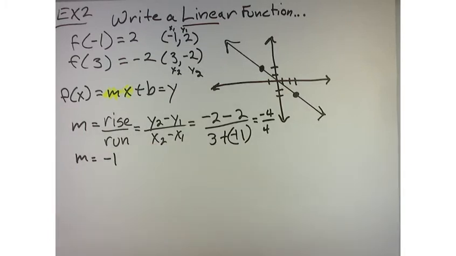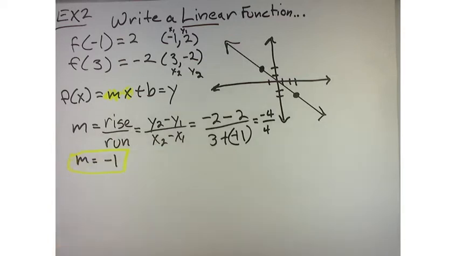How am I doing so far? So now that I have my slope, how do I get the equation? I have the slope. How do I write the equation? I said we needed a slope and a what? A y-intercept, which is a point on the line. So it's like I need a point and a slope.